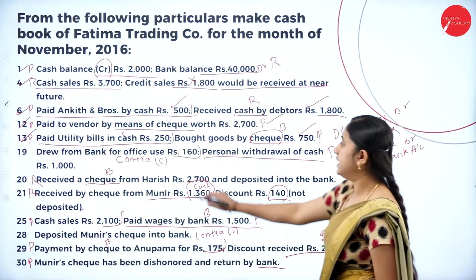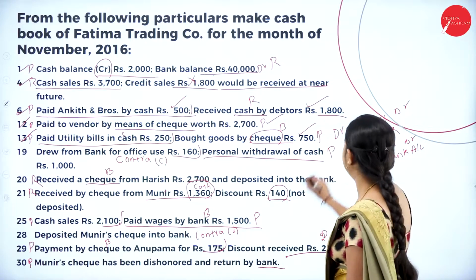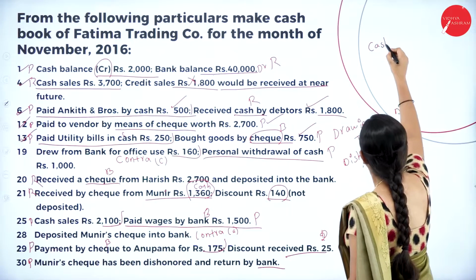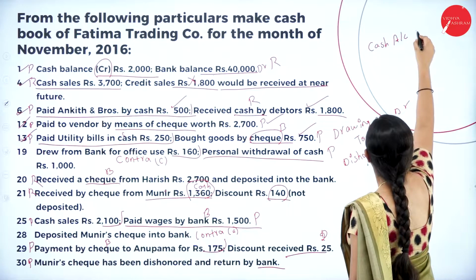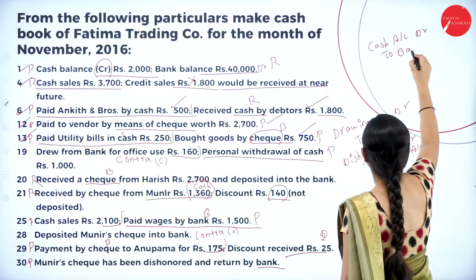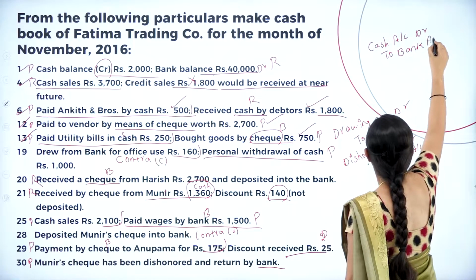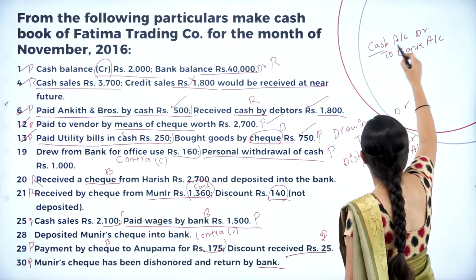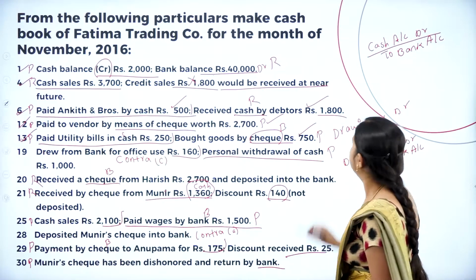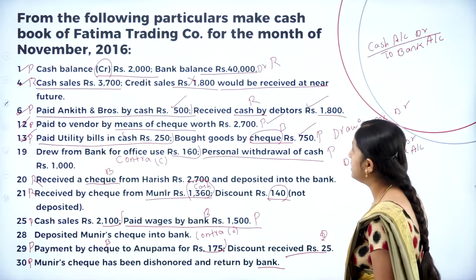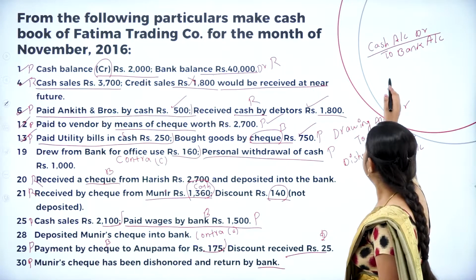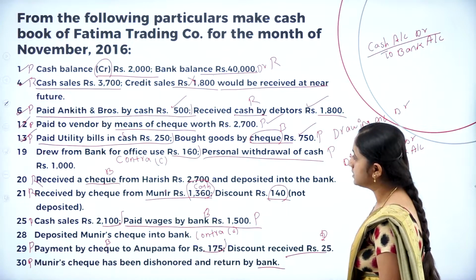Next, drew from bank for office use 160. First, journal entry for withdrawal of cash is cash account debtor to bank account. First, consider cash transaction. Cash is debited, so write in the debit side to bank account, amount in cash column rupees 160.